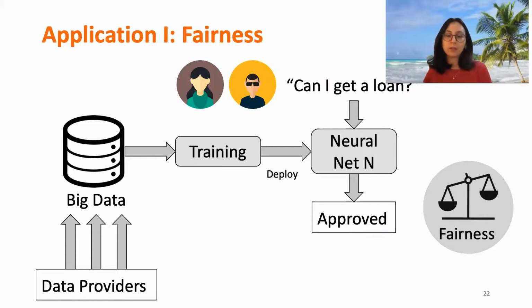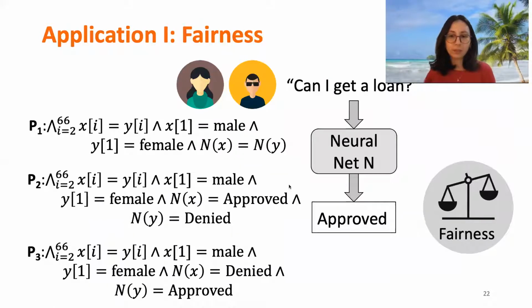After getting rid of redundant features and cleaning up the data set, we were left with 66 binary features. Here P1 encodes the fairness property that we discussed throughout the presentation. The first conjunction is over all of the features except the first one, which is the sensitive feature. So we want to keep all of these features exactly the same.